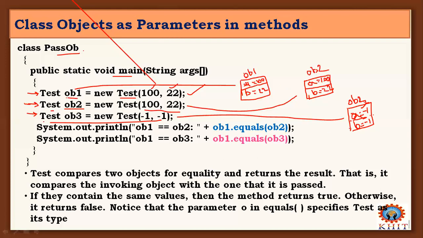These are the reflections in memory when these three statements are executed, and the three objects are created with the instance variables of the class like this.